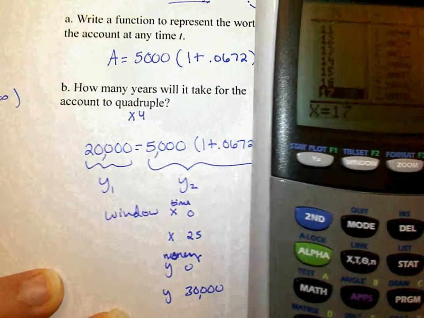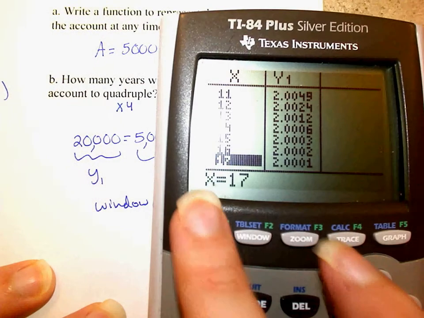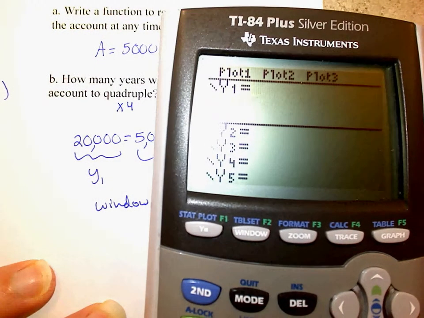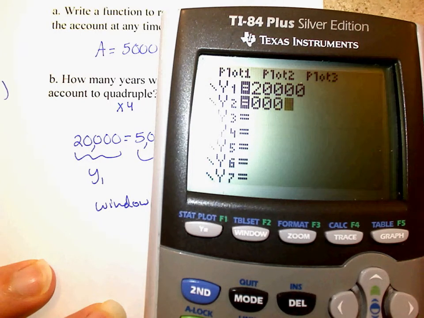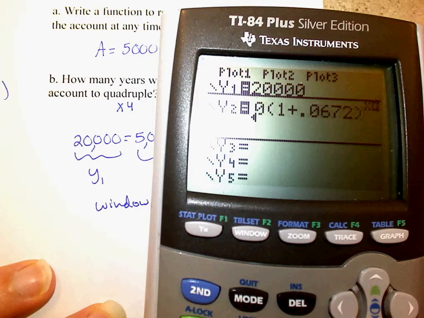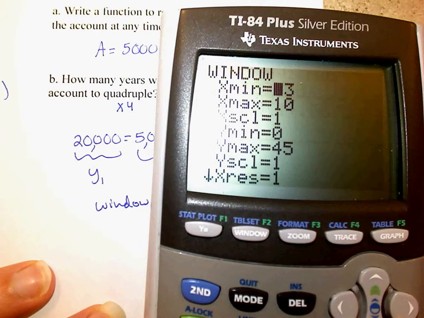So in Y1, I'm going to enter 20,000. And Y2, 5,000 times 1 plus 0.0672, close parentheses, raised to the x in place of t. Window, like I said, 0 to 25, 0 to 30,000.